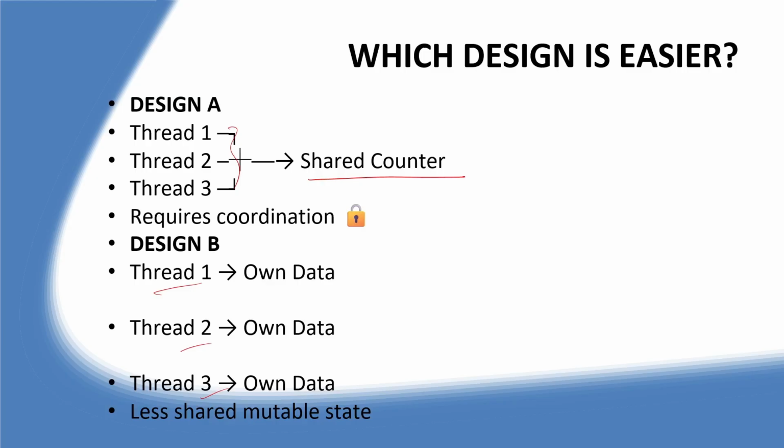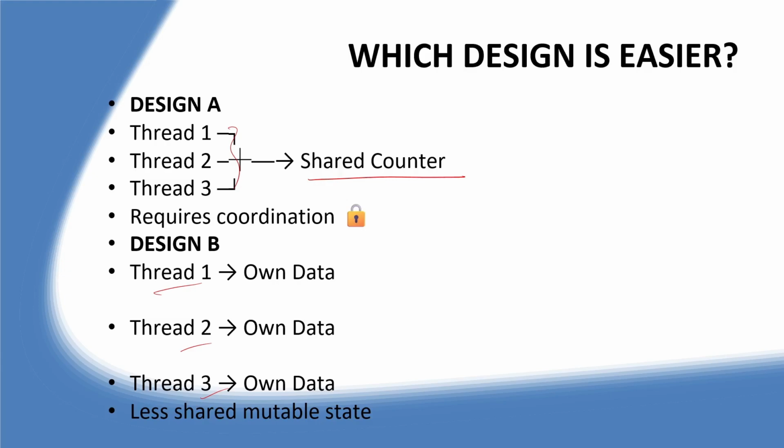This does not mean shared state is always avoidable. Many applications genuinely need threads to share information. It depends totally on what requirement we have. But unnecessarily sharing creates unnecessary complexity.